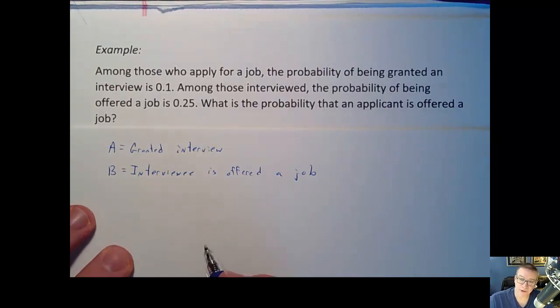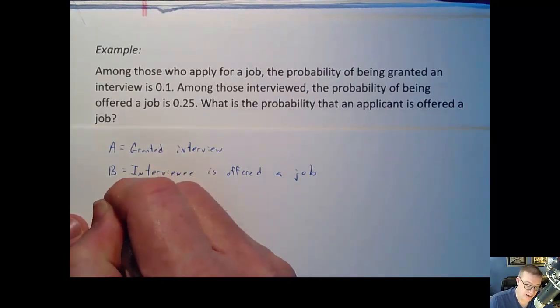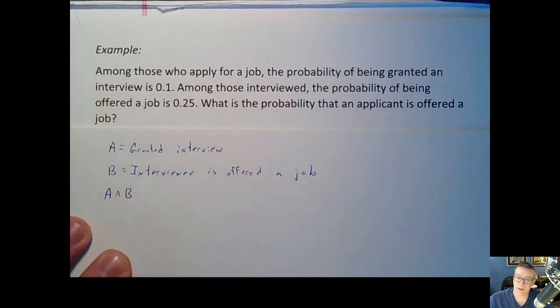So the probability that I'm really trying to find is the event A intersect B. That is, that someone is granted an interview and that interviewee is then offered the job. This is the probability that I want.